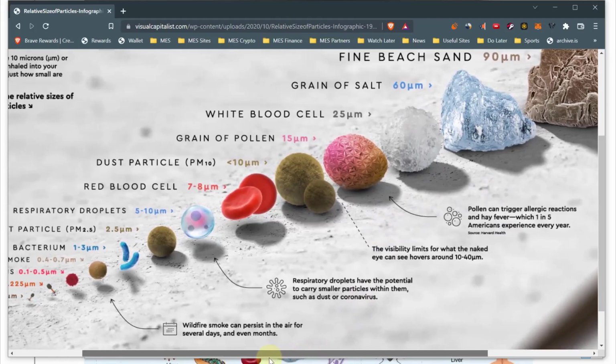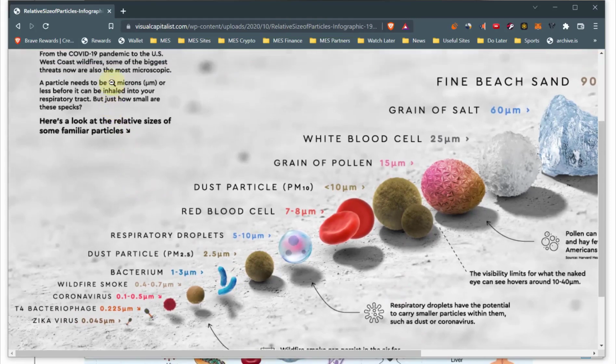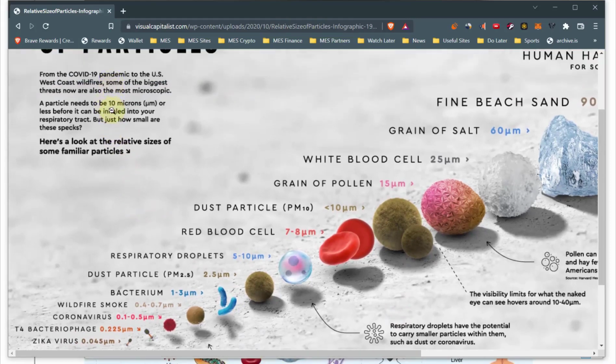We continue further. The next one is a dust particle, PM10, which is less than 10 micrometers. Remember the note here: a particle needs to be 10 micrometers or less before it can be inhaled into your respiratory tract.